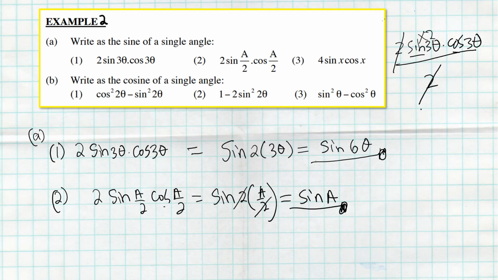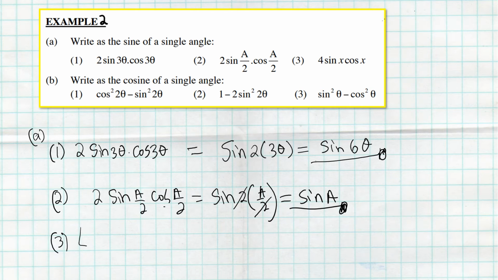Okay, let me just show you the last example, which is number 3. Very interesting one. You are given 4 sine x cos x. How do you return back? Let me just write it here. 4 sine x cos x. How do you return back? You divide the whole expression by 2. 4 divided by 2, they won't cancel out each other as in these two expressions. 4 divided by 2 gives you 2, right?